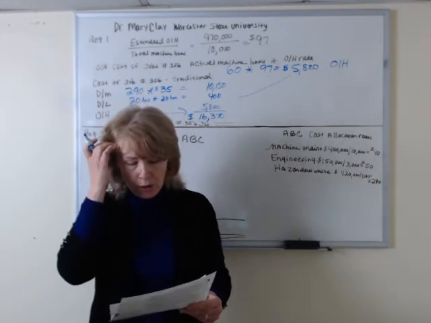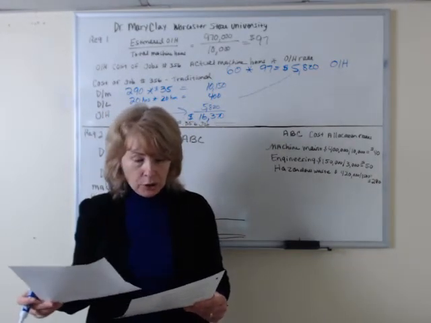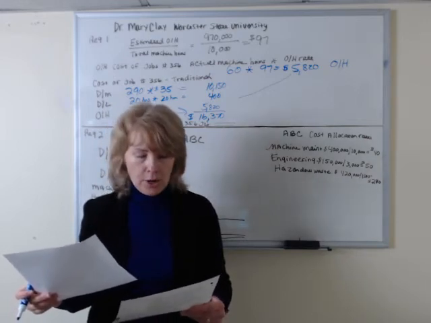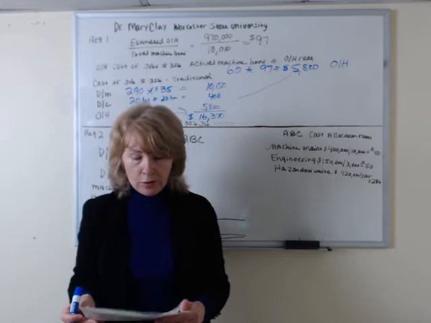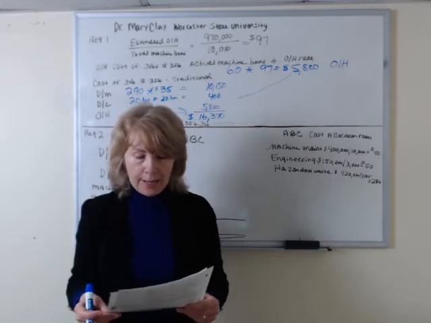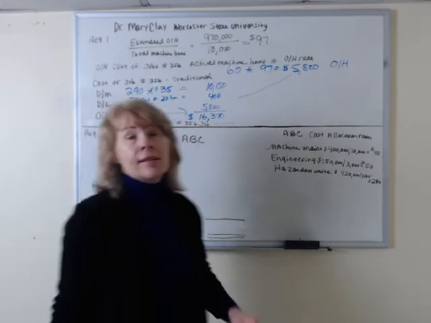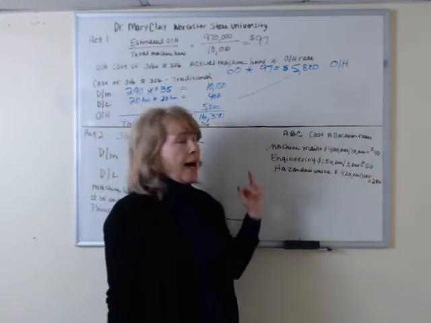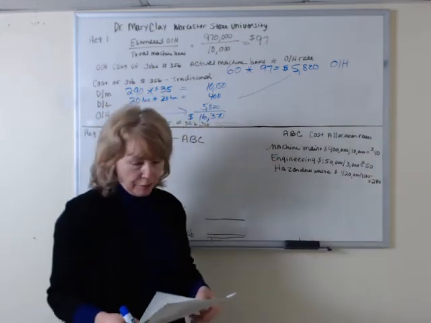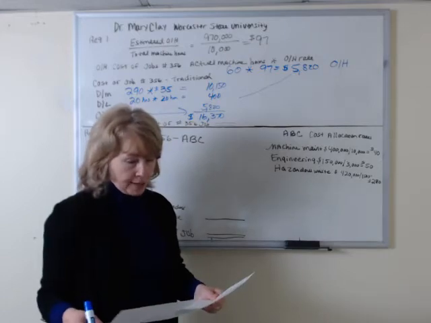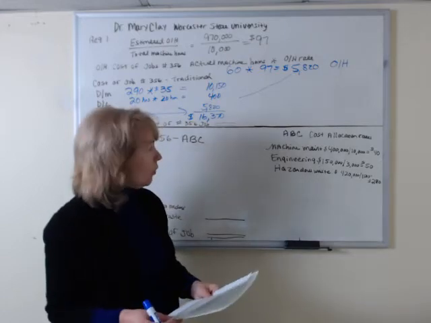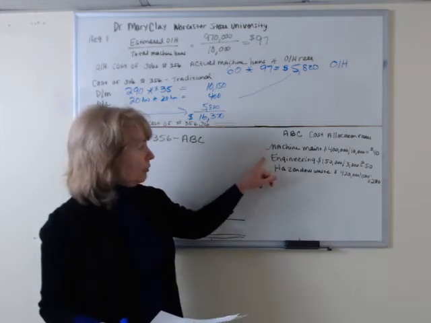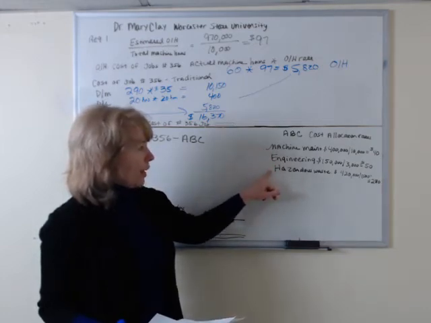Number two, they're asking you to use activity-based costing. So calculate the cost of the job using activity-based costing. To save time, I show you over here how to compute each individual costing item. So they have machine maintenance, they have engineering, and they have hazardous waste.